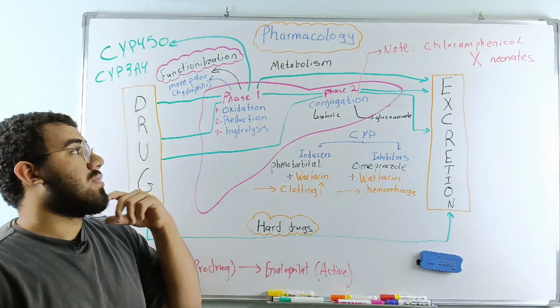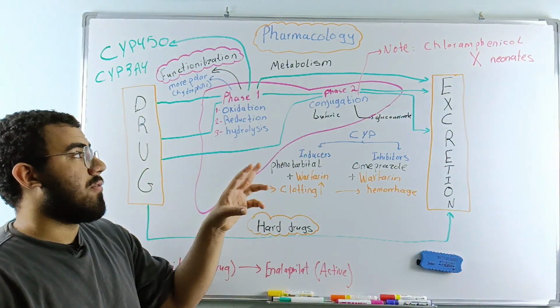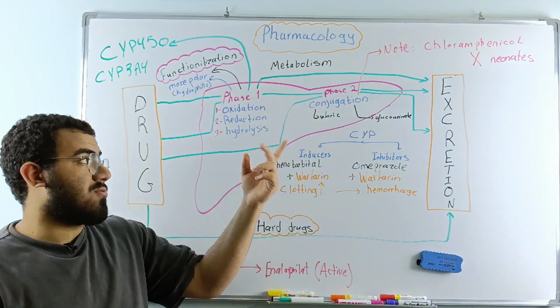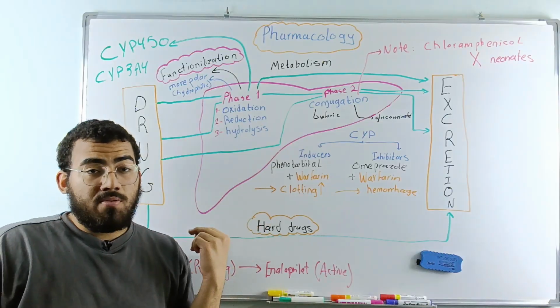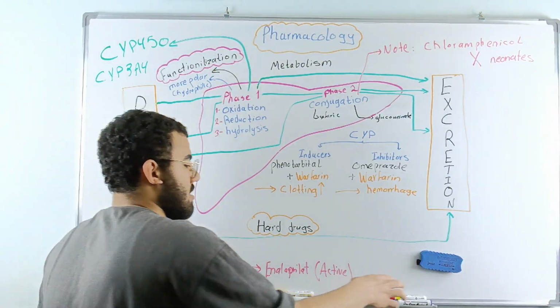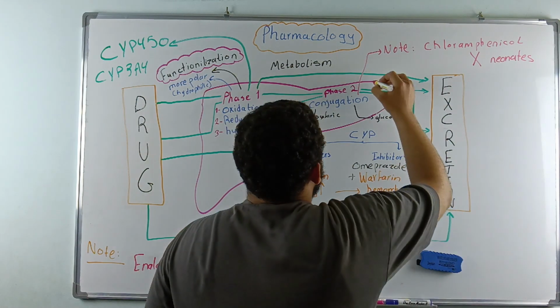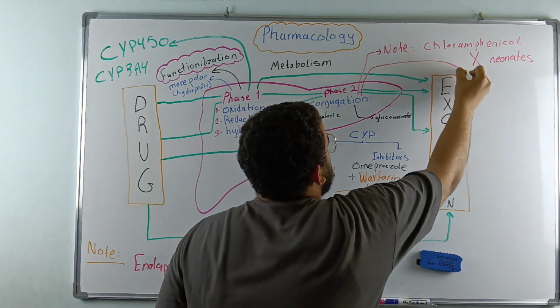And also, the metabolite that results from conjugation will always be less active than the drug itself, except for a certain case, which is morphine.